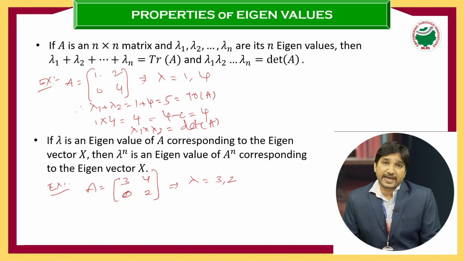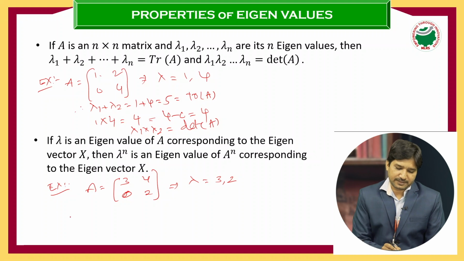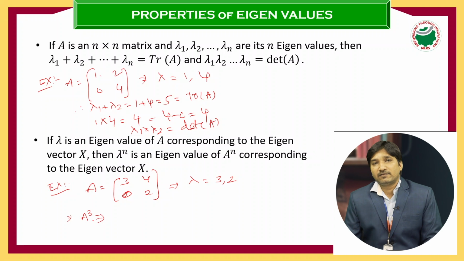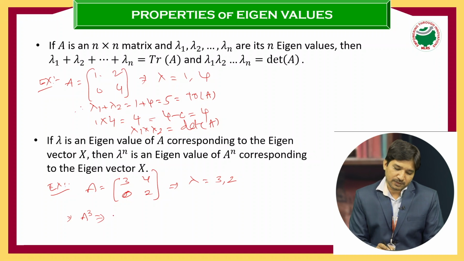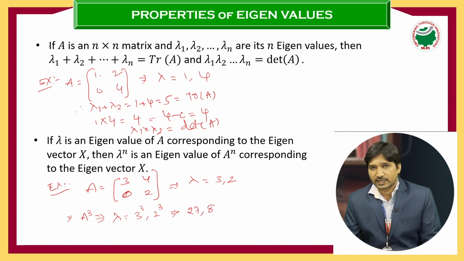Now the eigenvalues of the matrix A cube are lambda equal to 3 cube, 2 cube. That means 27 and 8. Okay.